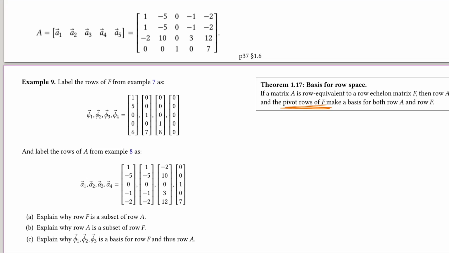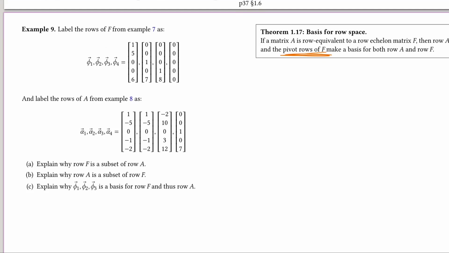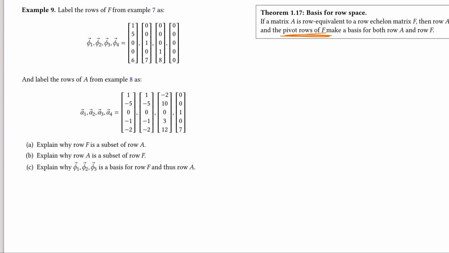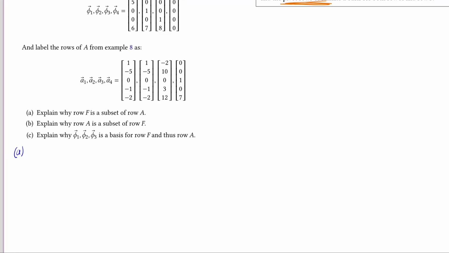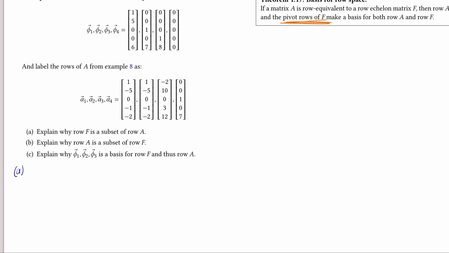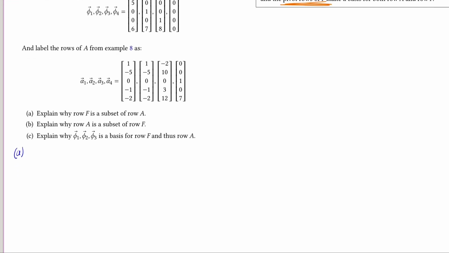Okay, so first of all, let's explain why the row space of F is a subset of the row space of A. So we know there's some sequence of row operations that will reduce A to F. Let's just say we do a row operation to A to get some other matrix B, clearing out some non-zero entries below pivot positions, etc. And we do that a few times and end up with the matrix F. Well, at each step, each one of these row operations is either a multiple-replacement operation or scaling or a swapping operation.